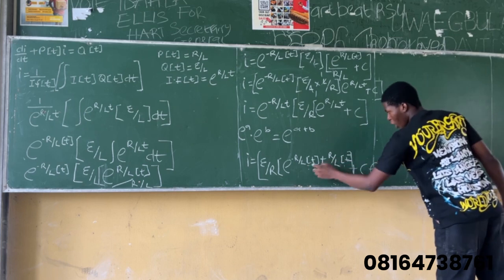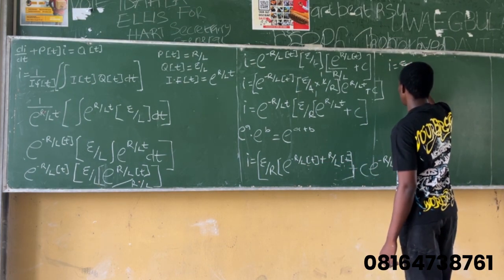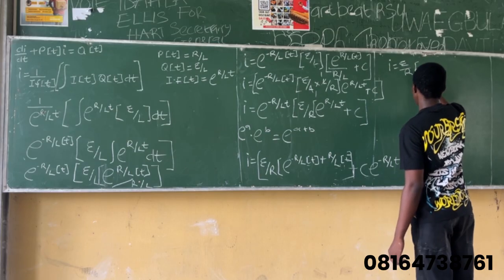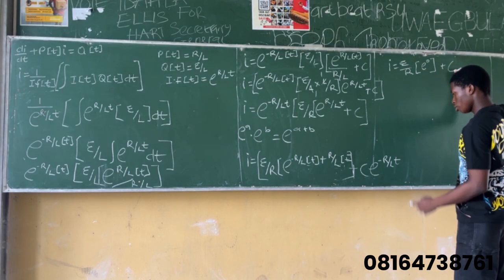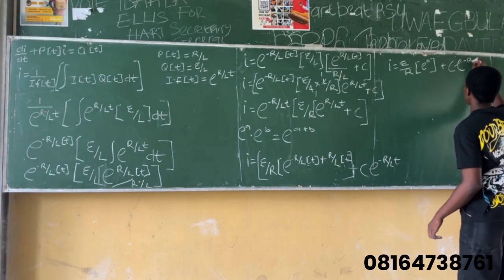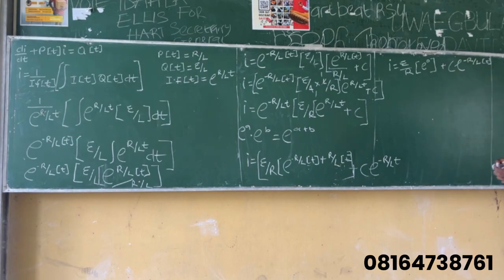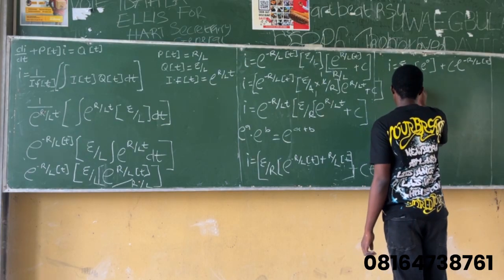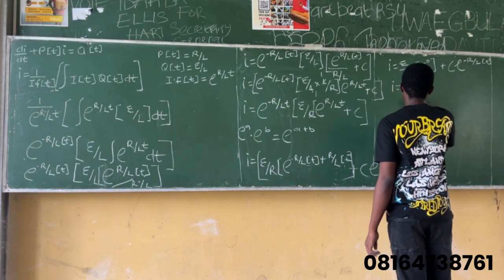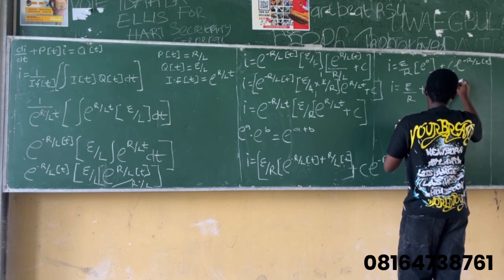This will cancel out this. It will be 0. So this I is equal to E over R, e raised to the power 0, plus c e raised to the power minus R over L t. You're getting the idea now. So e raised to the power 0 is 1. So we'll be left with I is equal to E over R plus c e raised to the power minus R over L t.